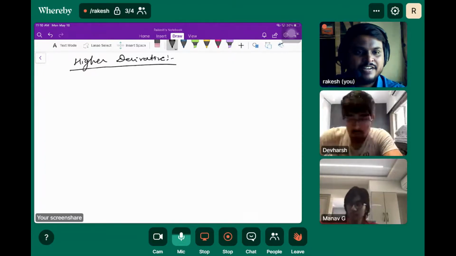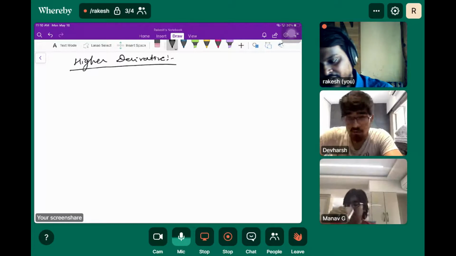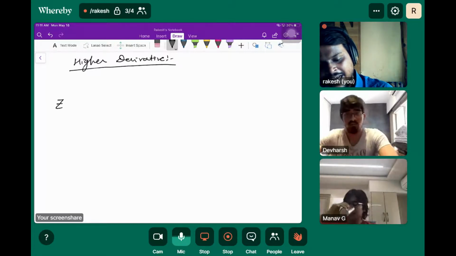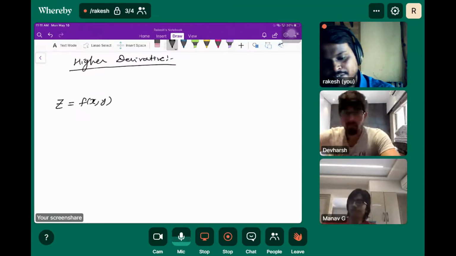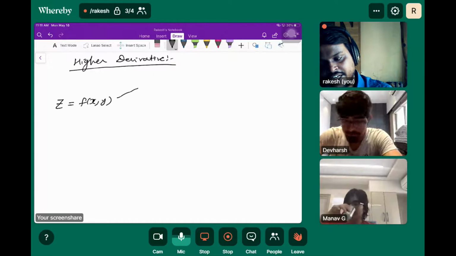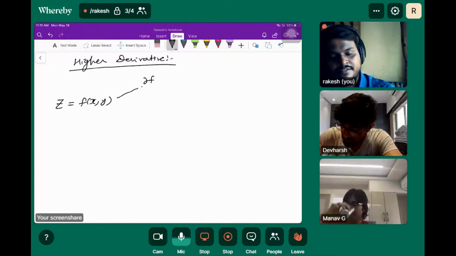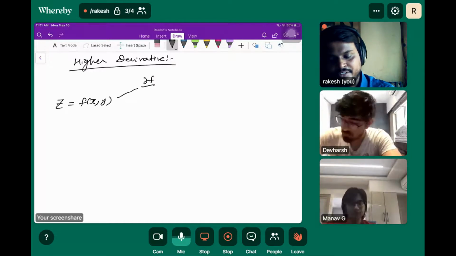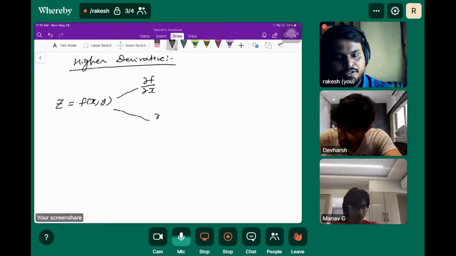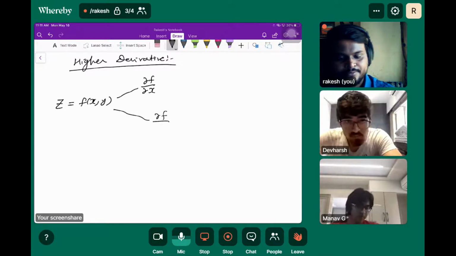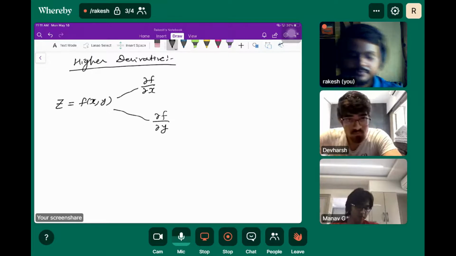So let's understand what is higher order derivative first of all. We have a function z which is dependent on two independent variables x and y. If we find the first order derivative, that is the partial derivative of f with respect to x, or we can go for the partial derivative of f with respect to y, right?